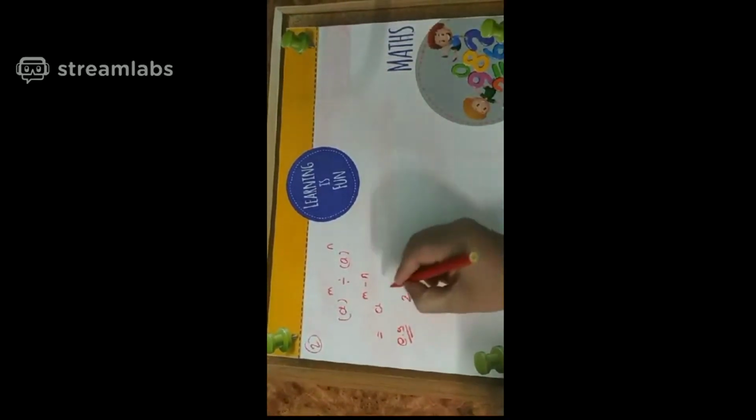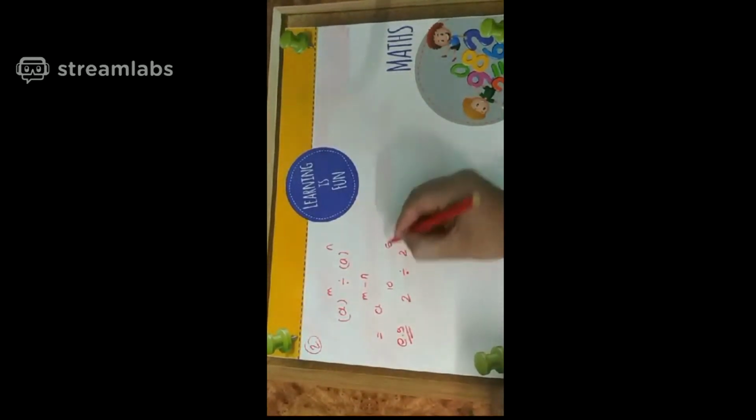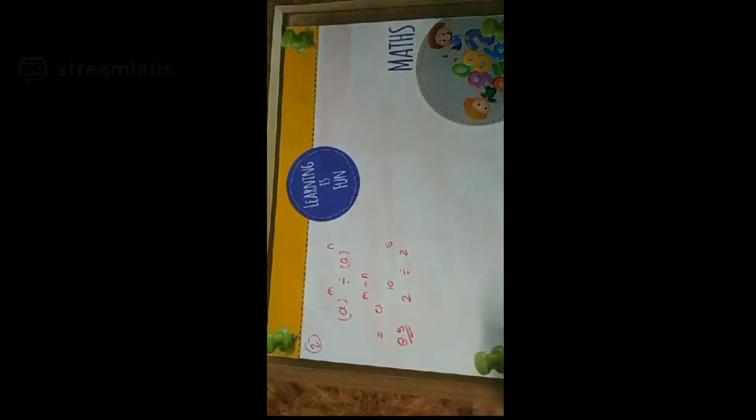If 2 power 10 is divided by 2 power 5, here the base is the same but the power is different, so there is a subtraction of powers m and n. So 10 minus 5, that is 5, will be subtracted, so the answer will be 2 power 5.